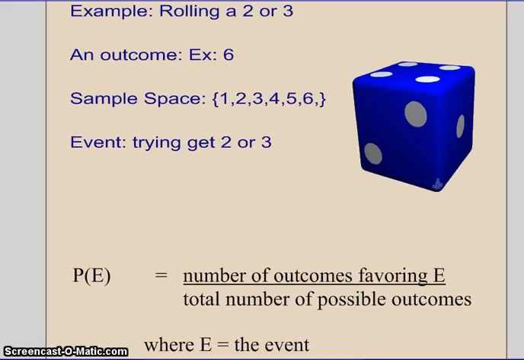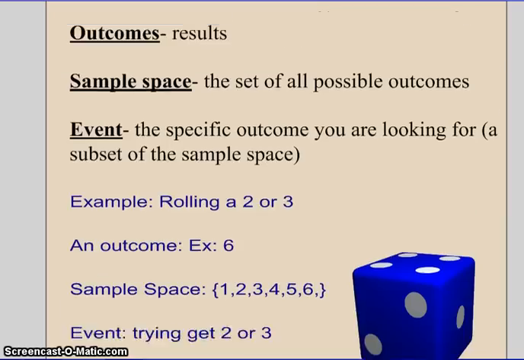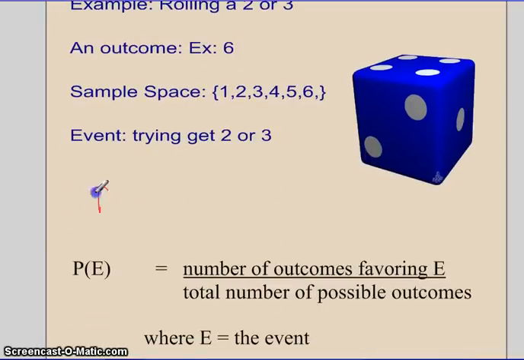The probability of an event, whatever the event is, trying to get a 2 or 3 in this example, is the number of outcomes favoring that event divided by the total number of possible outcomes, where E equals the event. Now we've already described this. Again, the probability of getting a 2 or 3 in this case, well, how many? 2 or 3 means either one. 2 and 3 would be impossible, right?